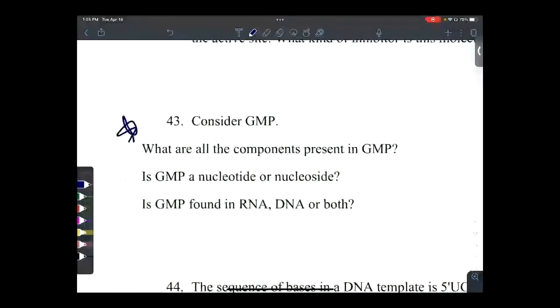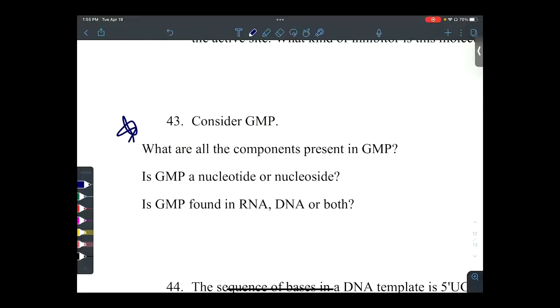Okay. Let's consider GMP. What components are in GMP? So GMP describes what type of thing? We just got done talking about nucleic acids, so GMP is a nucleic acid. The letters tell you what's in it.